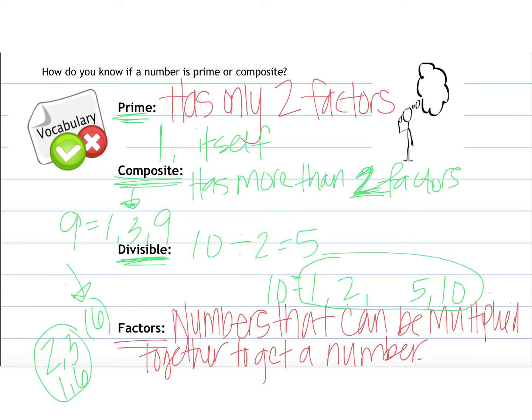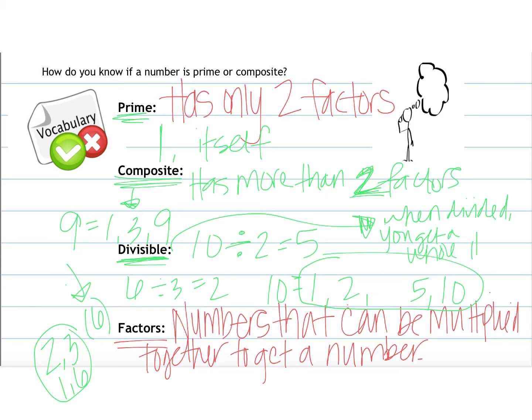It's divisible if you get a whole number. 6 is divisible by 3 because we get 2. So divisible means when divided you get a whole number.